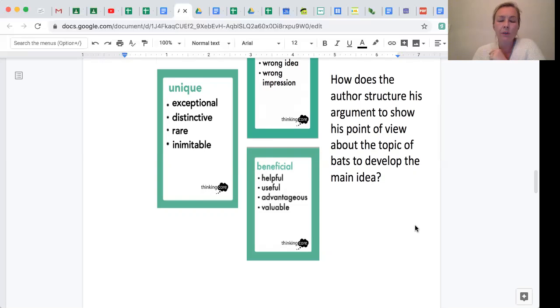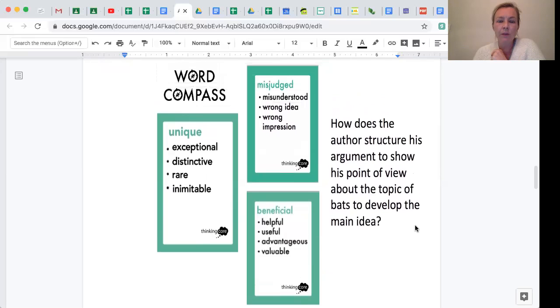Okay, when we're doing that, we're going to be using these 3 compass words to guide our thinking and help us to expand our discussion and ideas. We'll start on the left. The word is unique. This is a word that we have used together in class.